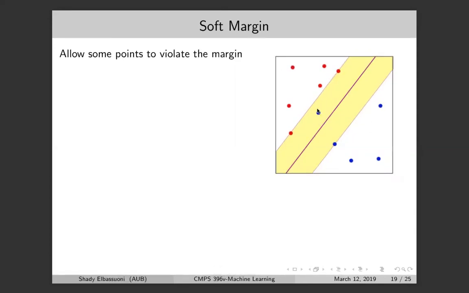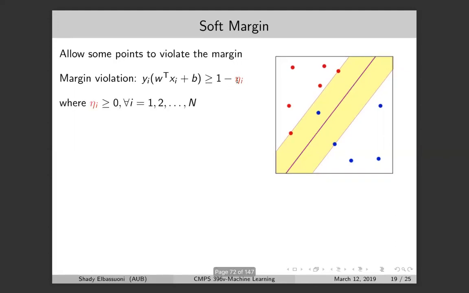So now I allow some points to be inside this margin. Even though I have a margin, I allow some points to violate it. By how much did they violate it? By this amount, eta i. So before it was y_i (w transpose x_i plus b) greater than or equal to 1. Now it's 1 minus eta i, where eta i is a positive value. Okay, I get you. Thanks.